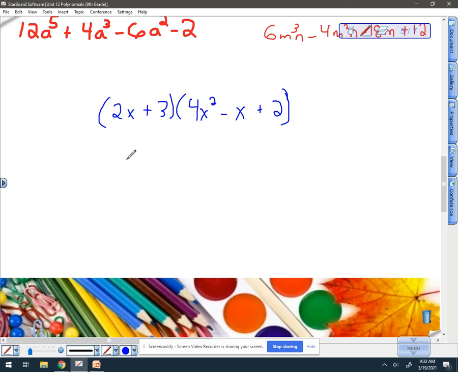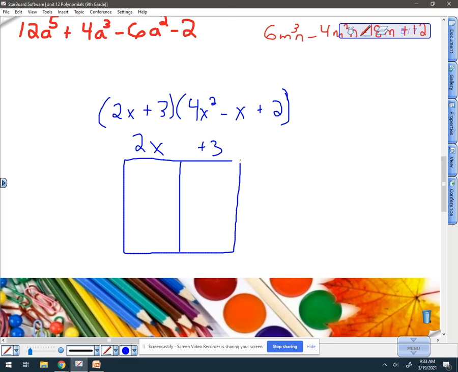So for the top of the box, when we break it apart, we've got 2x and a plus 3. But then over here on the side, we've got 3 terms.